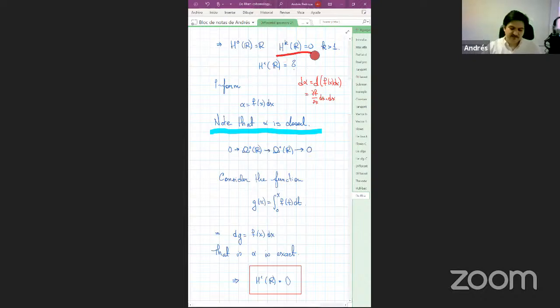And for k greater than 1 it is 0 by dimension reasons. So we know the cohomology of the reals is 0 everywhere except in degree 0, where it equals R. Any questions? Okay.